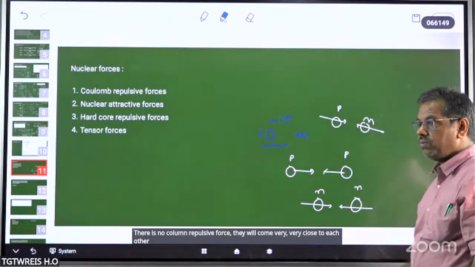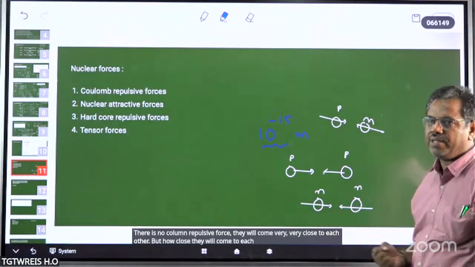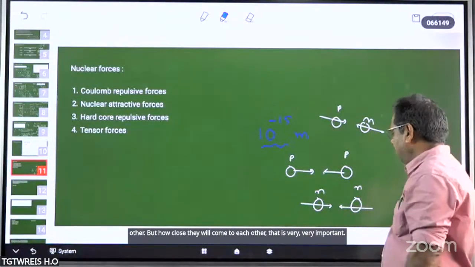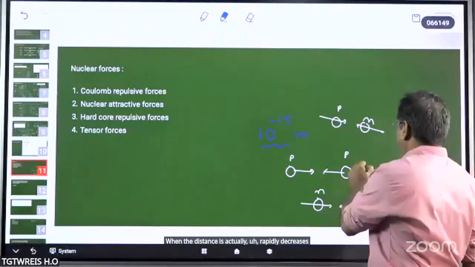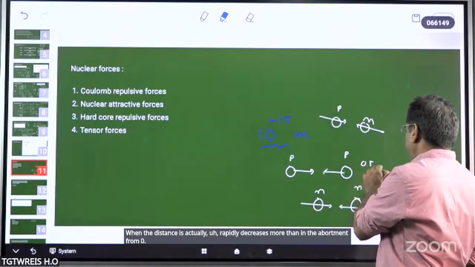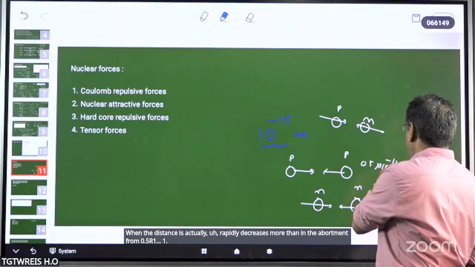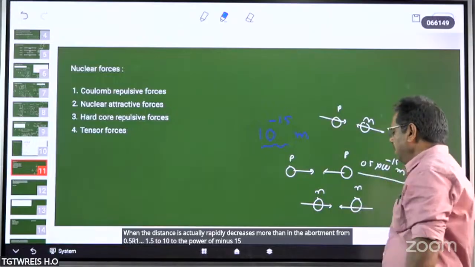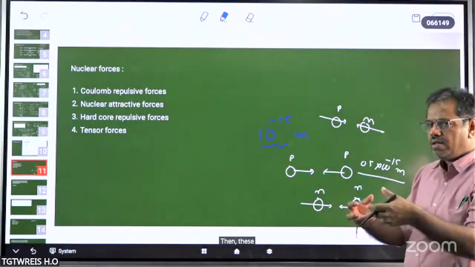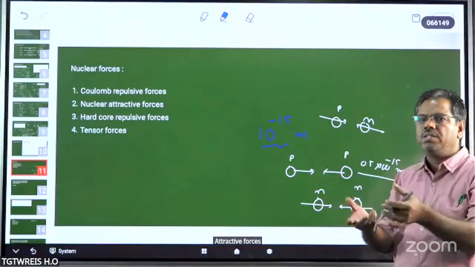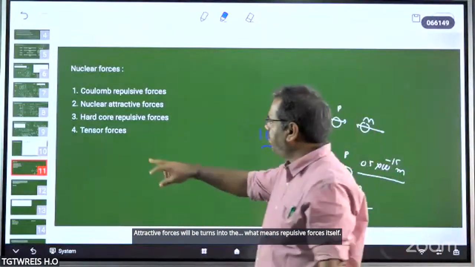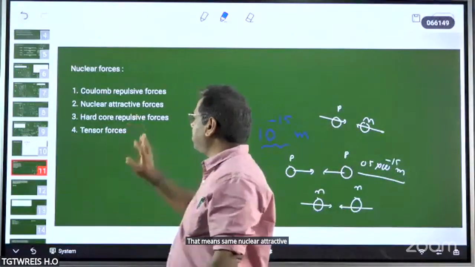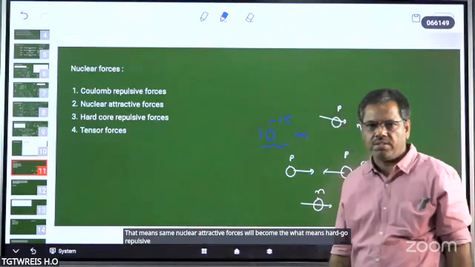But how close they will come to each other, that is very important. When the distance rapidly decreases below about 0.5 to 1.5 times 10 to the power of minus 15 meter, these nuclear attractive forces turn into repulsive forces. That means the same nuclear attractive forces become hardcore repulsive forces.